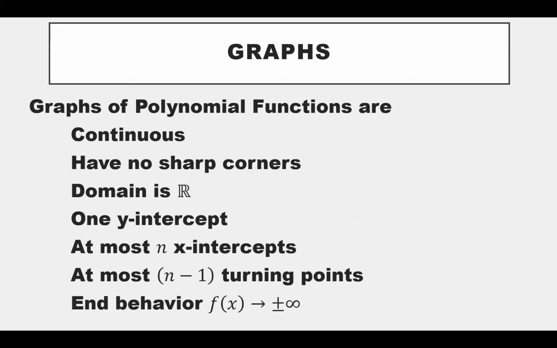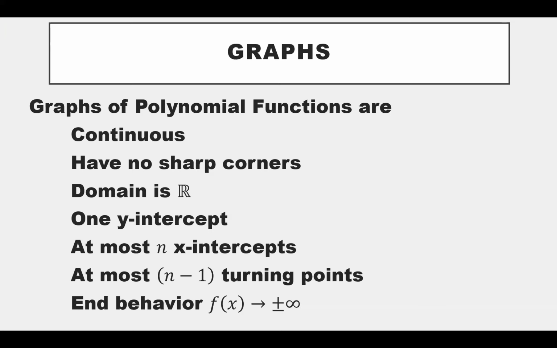Now, we looked at end behavior of polynomial functions before, but I will add that the graphs of polynomial functions are always continuous. Polynomial functions don't have any sharp corners. The domain is all real numbers.